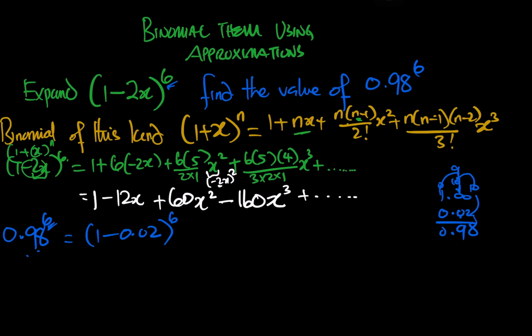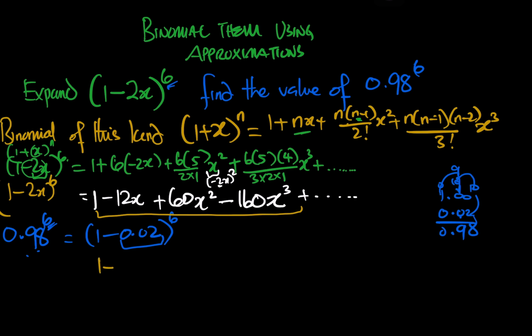Now, all we know is that this part is where we're going to plug in our x. When we see x, we put in 0.02. This is what we have for (1 - 2x)^6, so we're going to plug it in.